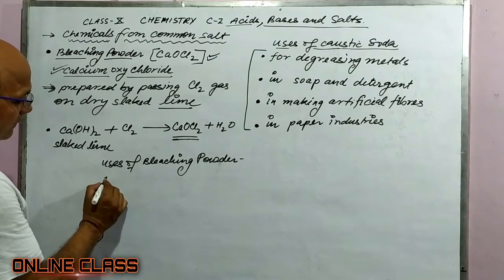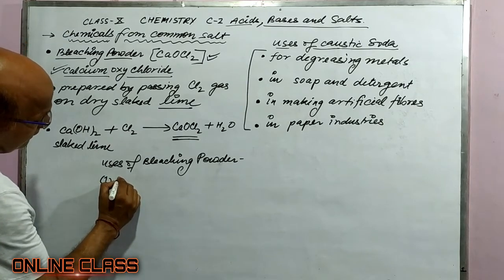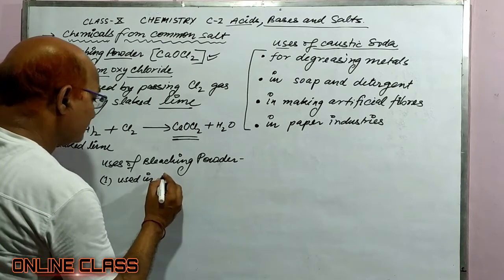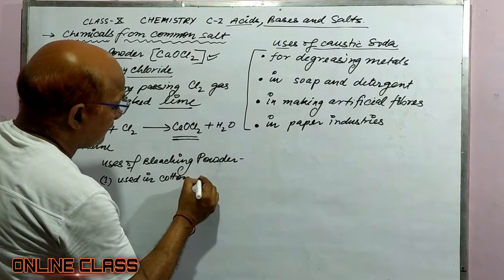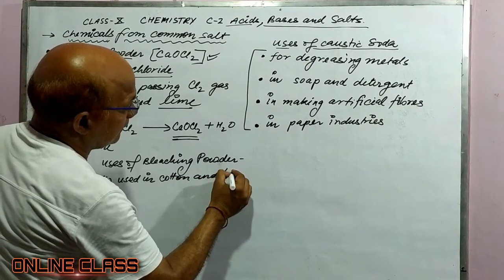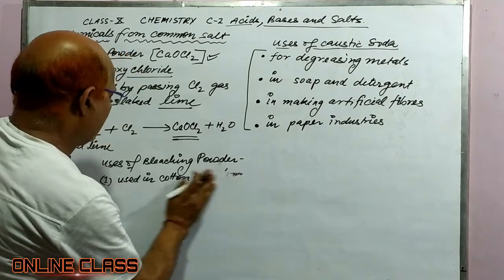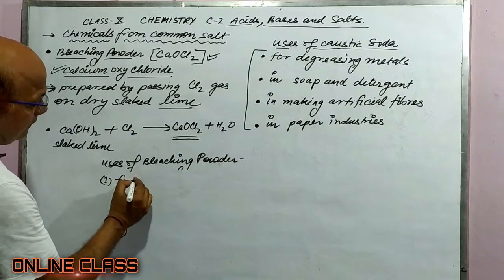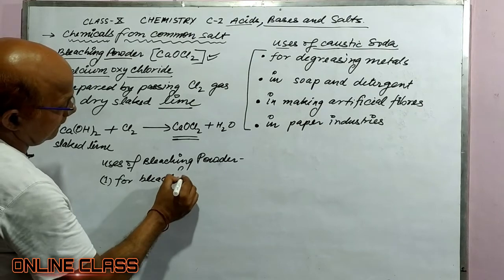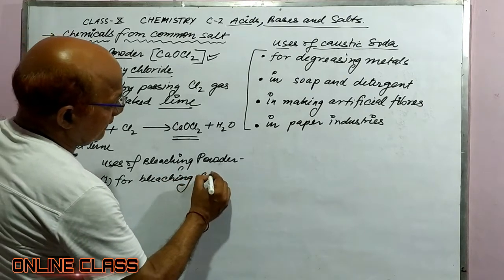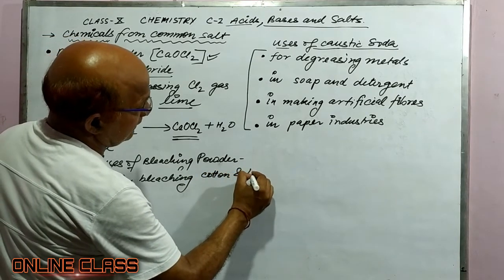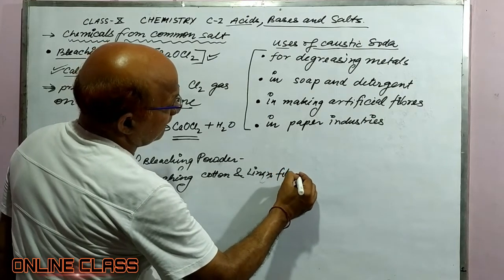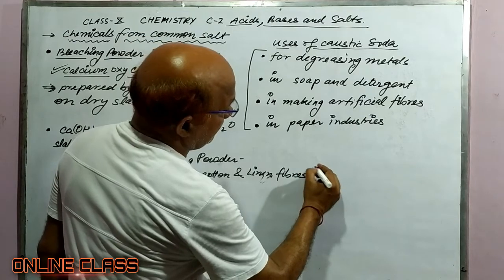Number 1, it is used for bleaching cotton and linen fibers in textile industries.